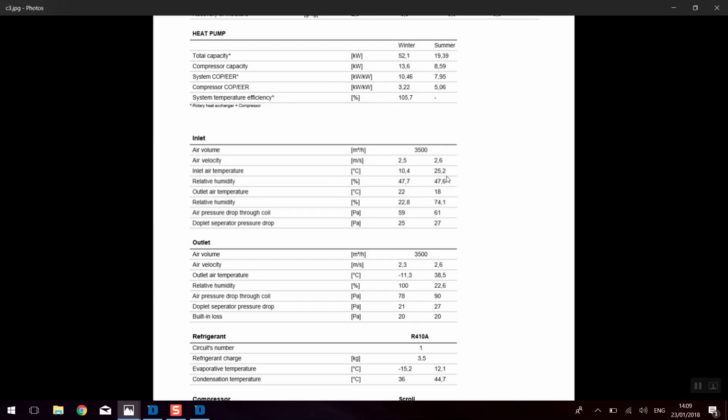At the same time, the inlet temperature in the condenser in summer mode is 25.2, and the outlet temperature is 38.5 degrees, and with this velocity of 2.6, we believe that the condensation temperature will be equal or even higher than 55 degrees, which once again we repeat will affect all the calculations in summer mode, and probably the data will be different.